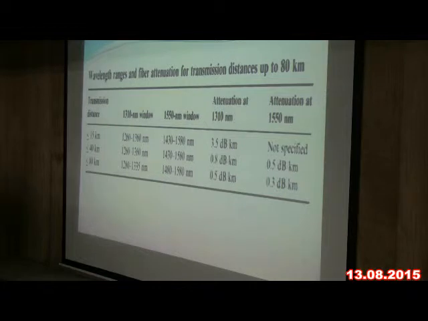Light wave transmitted in the optical communication, this is called wavelength. I'm asking what is the wavelength? Why are we calling it wavelength in optical communication?